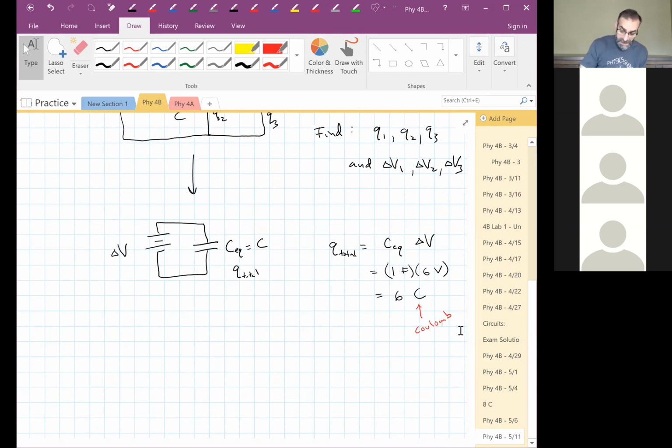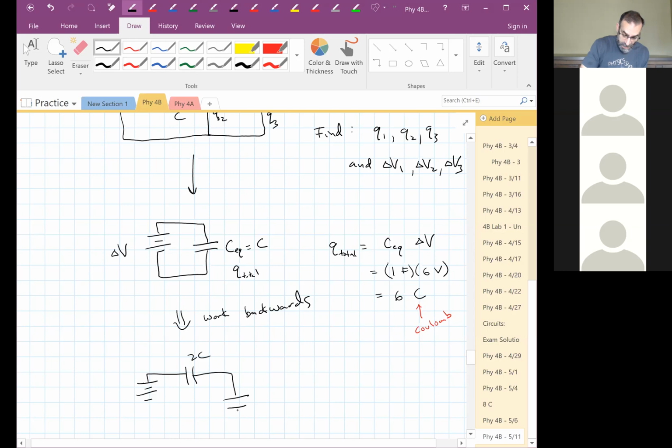Okay, so what's the next step? We have to work backwards. So we went from here to something like this, right? We had that 2C capacitor and this other equivalent capacitor that was also 2C, right?